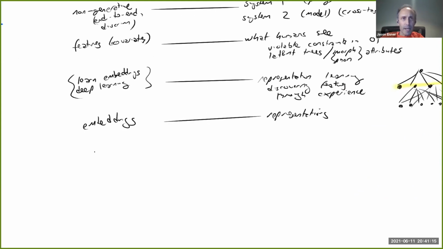So that's my next item here. So non-determinism, or what are called belief states in reinforcement learning, corresponds to essentially non-determinism or beliefs in human processing.